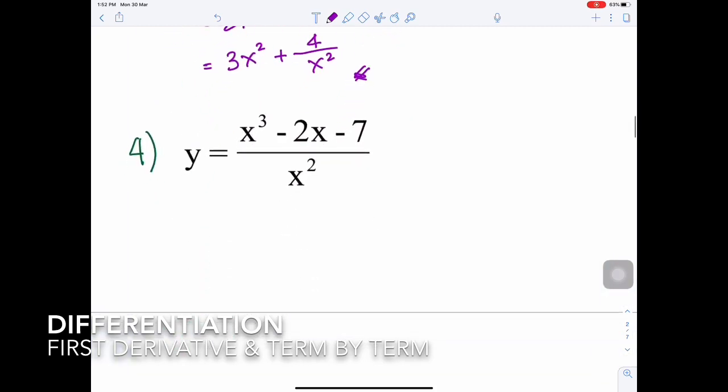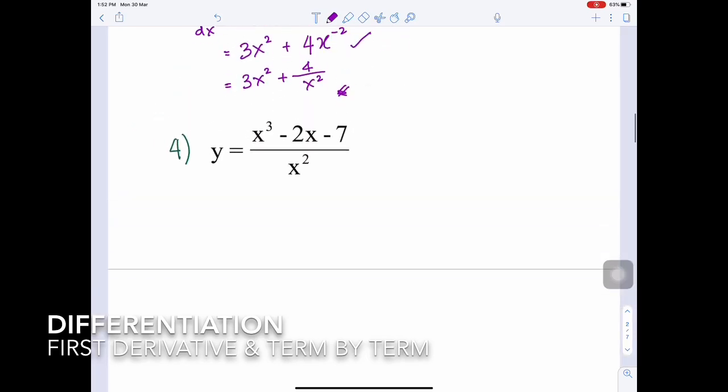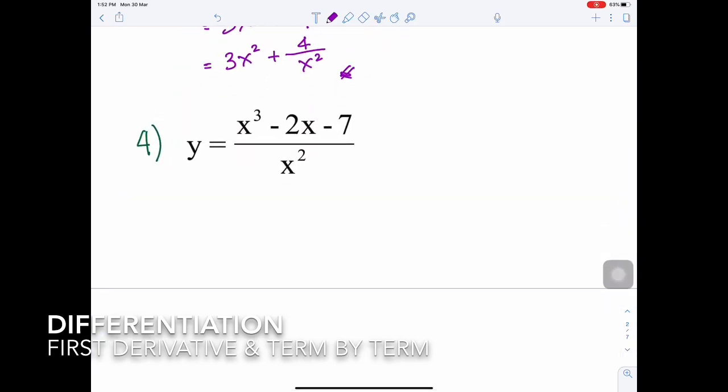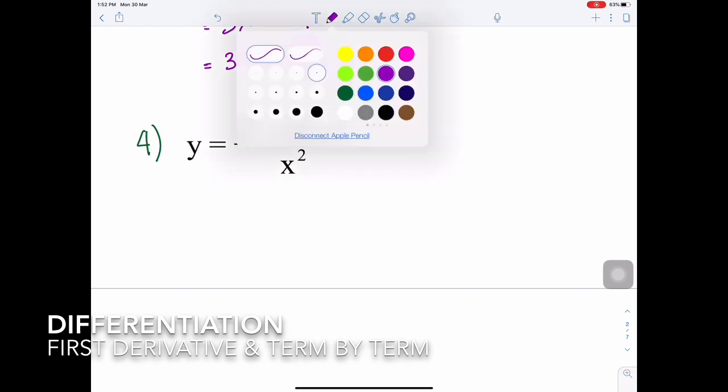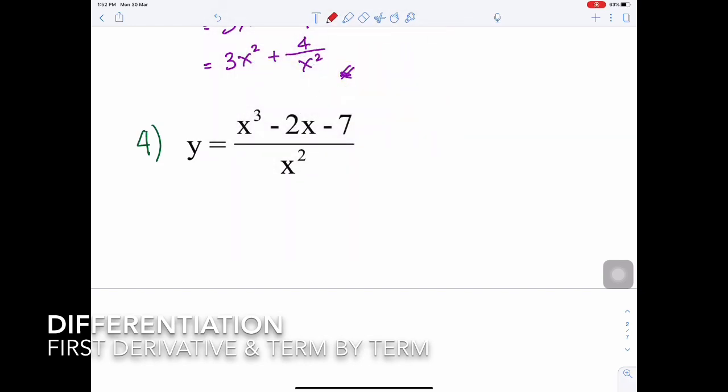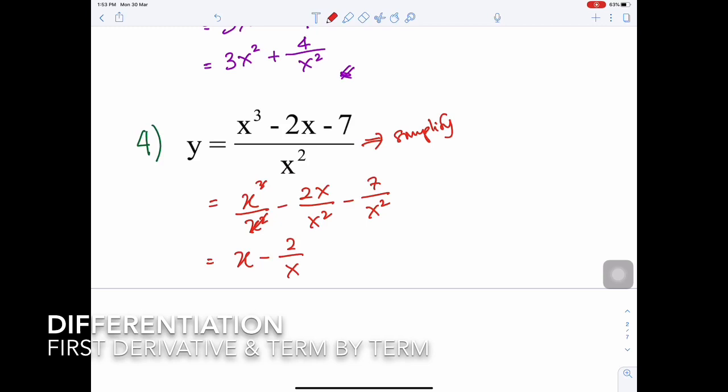So last but not least, for number 4, before we end our session, what do we do first before we differentiate? For this type of question, we simplify first. So it becomes x cube over x squared, minus 2x over x squared, minus 7 over x squared. So now you get x minus 2 over x minus 7 over x squared.